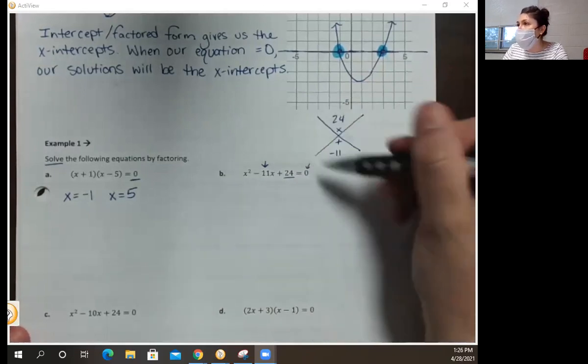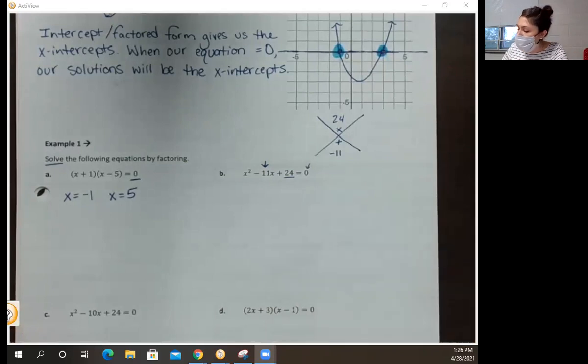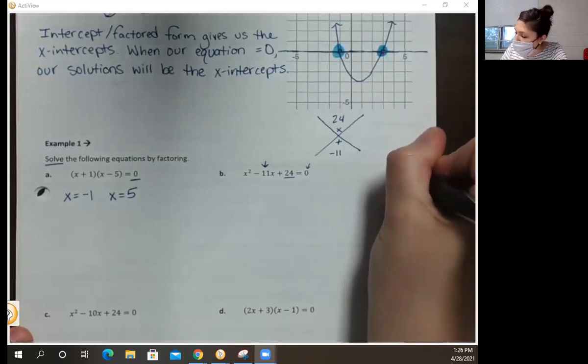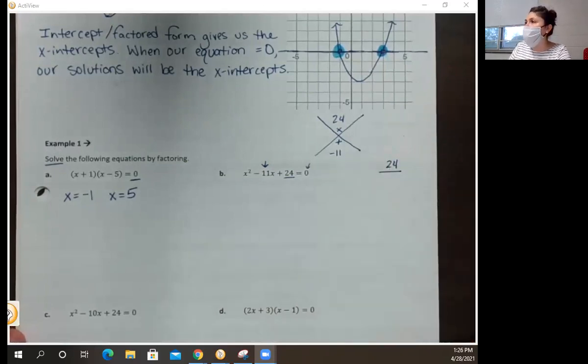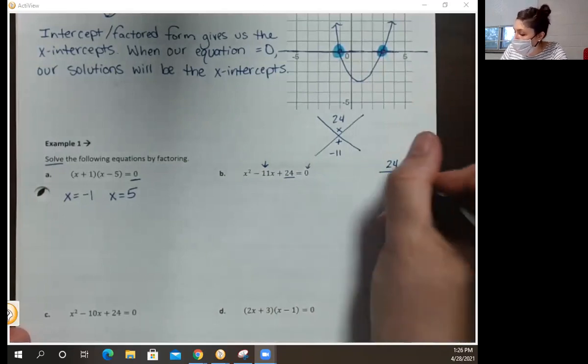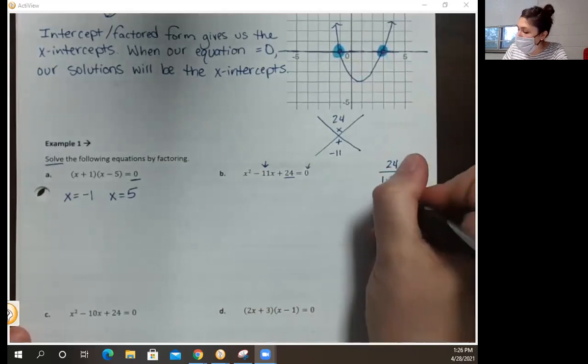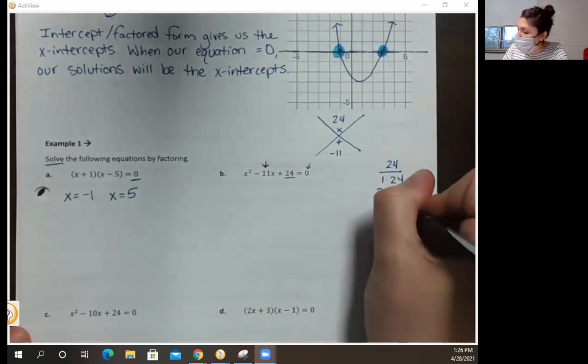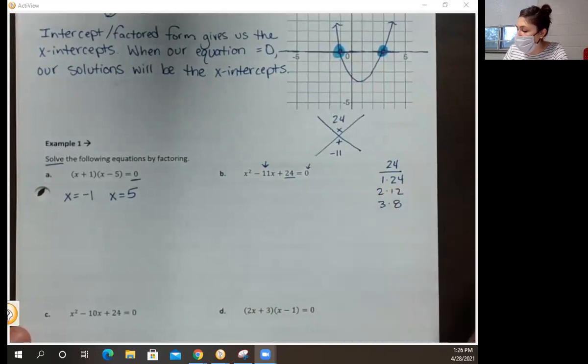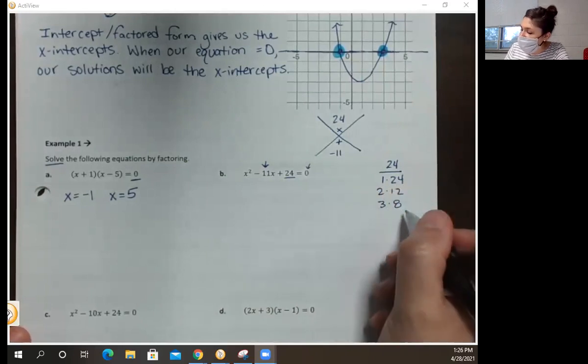So if this X format helps you, great. The other thing we looked at was to make a list. So what times what would give me 24? And we could pick out of our list. So I'm going to make a list. That could be 1 times 24, 2 times 12, 3 times 8. 3 plus 8 would give me 11.